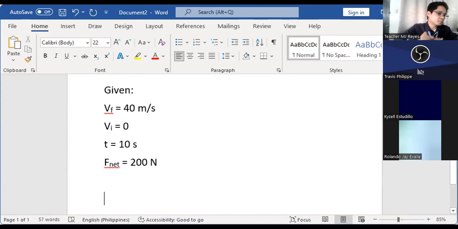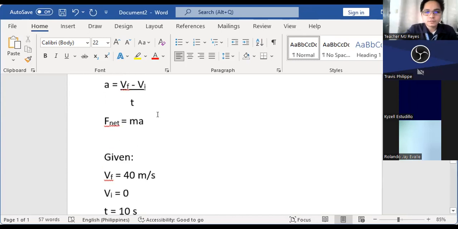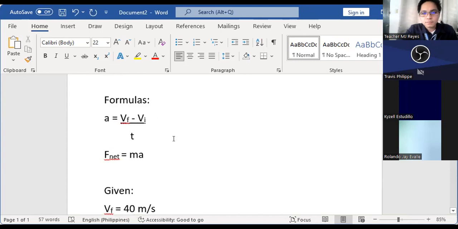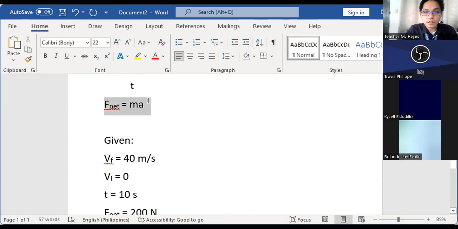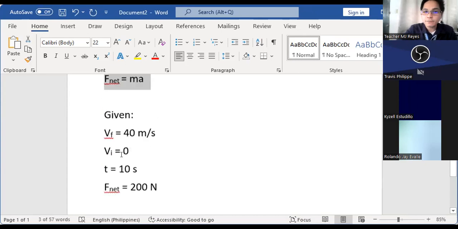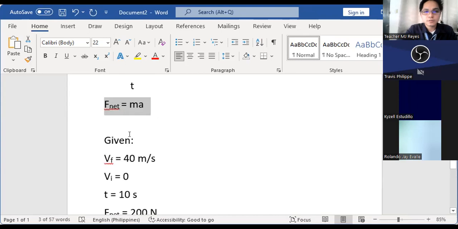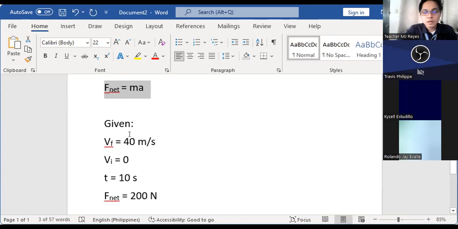Let's solve. First, we need to get the acceleration, because the formula for net force is equal to mass times acceleration. But before anything else, the net force is already given. What should we do next?